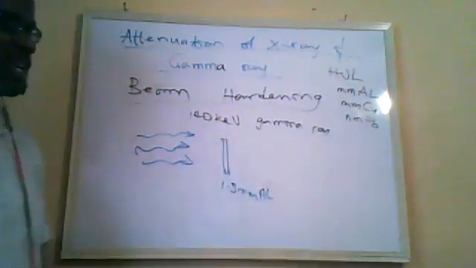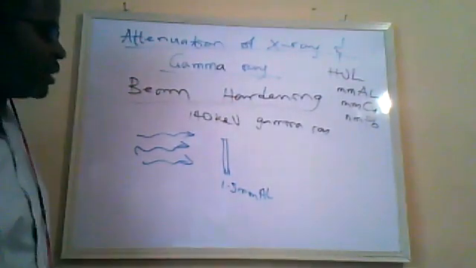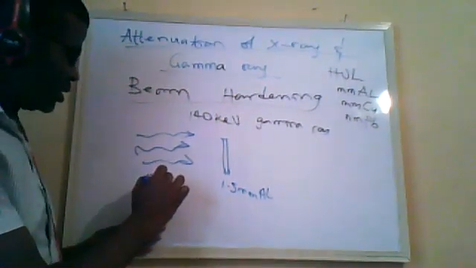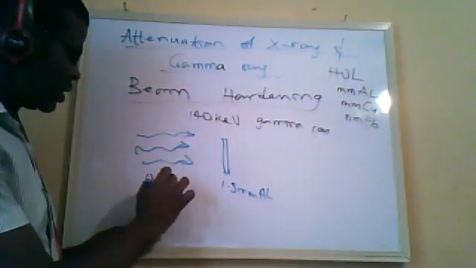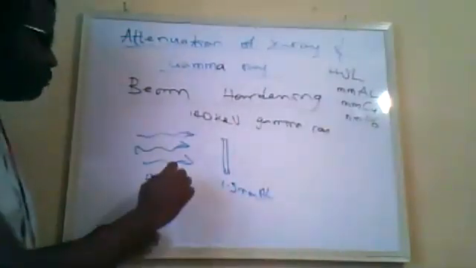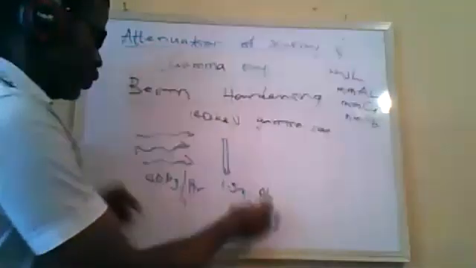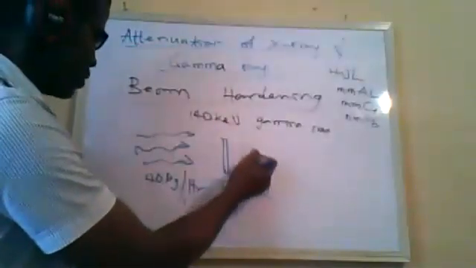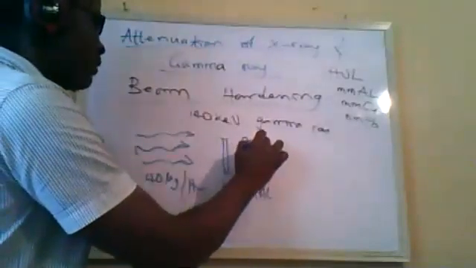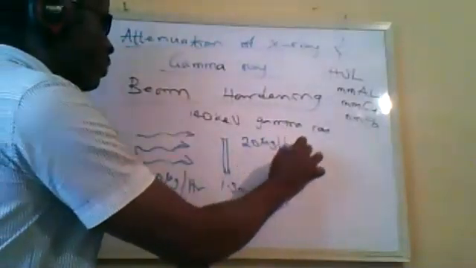All those descriptors can be used to characterize the behavior. So at the end of the day, you have maybe 40, microgray per hour. If we know the HVL, it's expected that if we measure with a meter here, you have 50 microgray per hour.